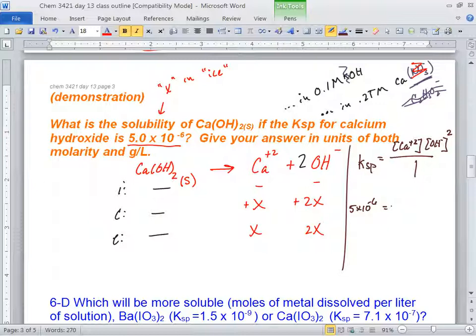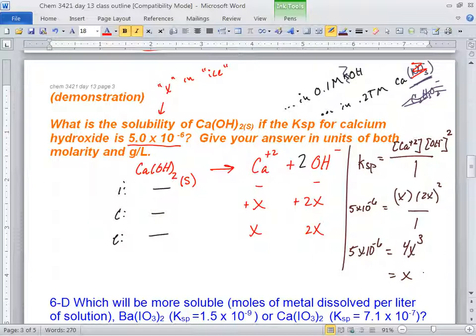E is equilibrium. So they're all here. X and 2x. X is calcium's concentration. Hydroxide is 2x. So X for calcium, 2x for hydroxide. So 5 times 10 to the negative 6 has to be what? 4x cubed? So what's x?